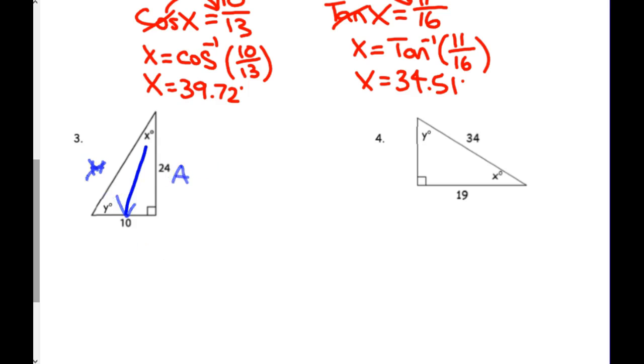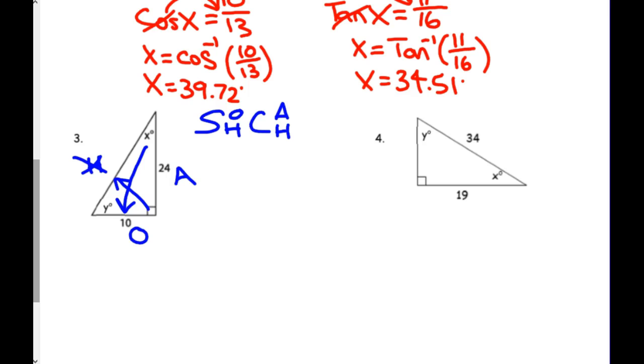So back it up. All right, start at x. We label O, H, and A. Which one do I not need? H. So we remember TOA. O over A is tan. So I'm going to write tan what? We started from x, not y, so tan x equals what over what?